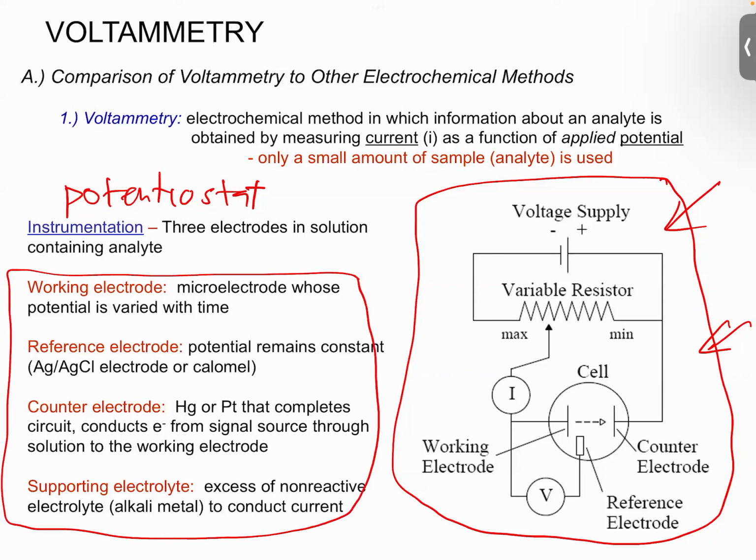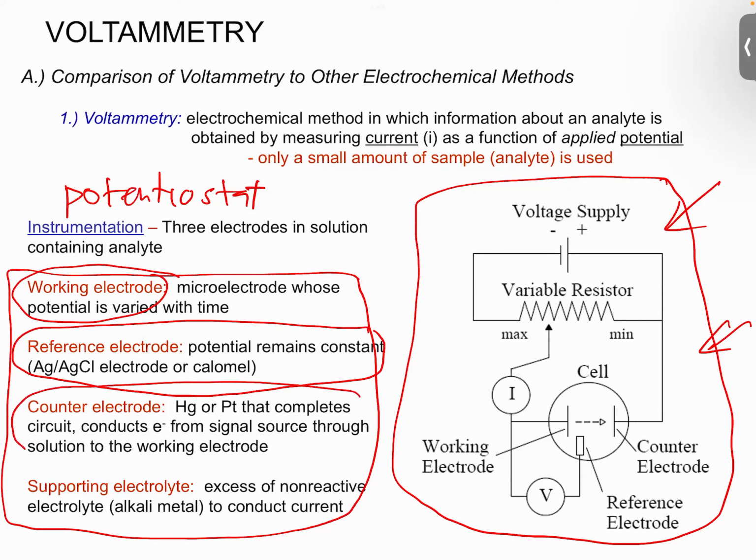So again, these are the usages of all the different types of electrode. Of course, the working electrode is where the redox process happens, meaning that the analytes will undergo reduction and oxidation. The reference electrode, as I mentioned, is to control the potential so that you have a nice background reading.